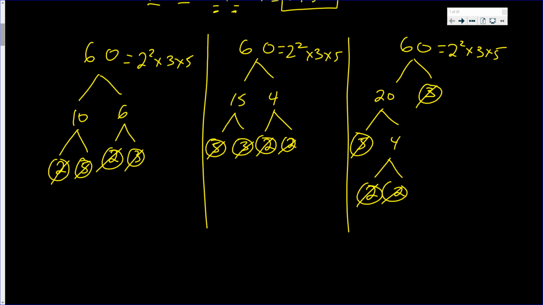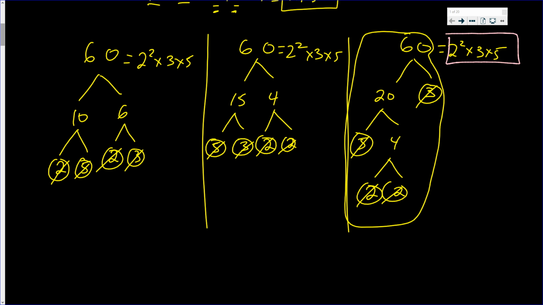Now, I want to point out something. Doing this tree is very, very helpful. And a lot of students just do the tree, but they didn't answer the question. The question is, find the prime factorization of 60, which means write 60 as a product of just prime numbers.